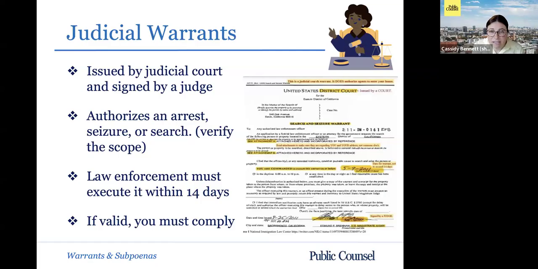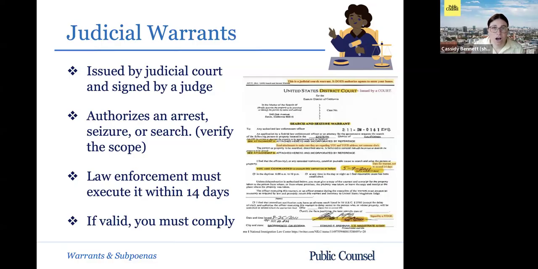So you can see on this warrant in the top right, it says United States District Court. So we see that it was issued by a court. Then in the bottom right, you see a signature of a judge. You see it says U.S. Magistrate Judge. So issued by a judicial court and signed by a judge.